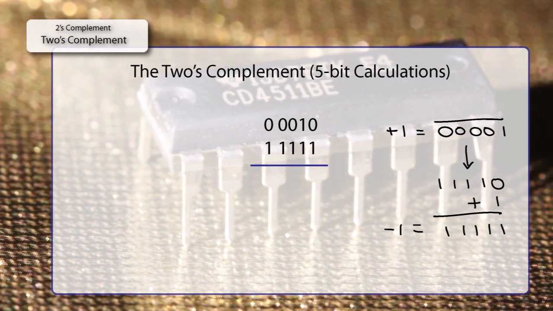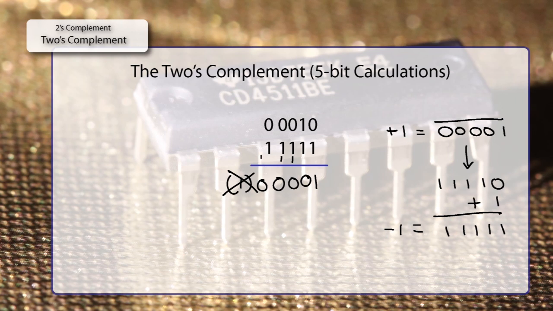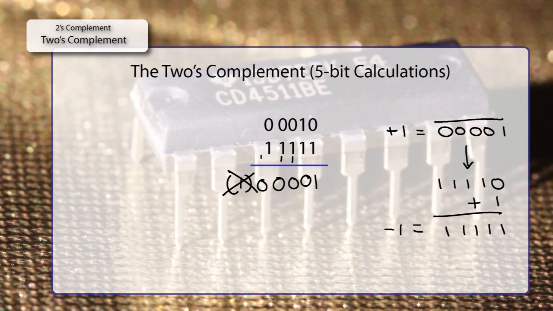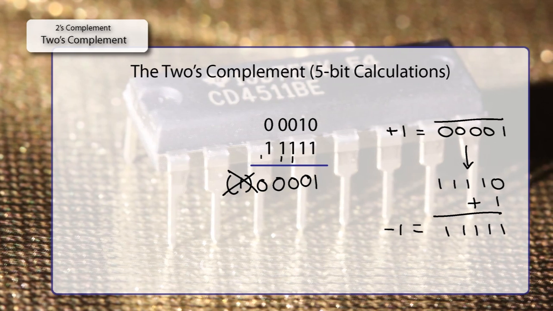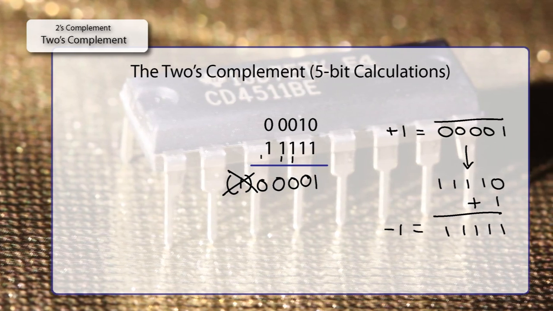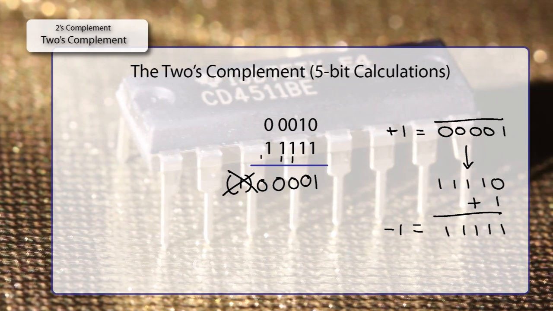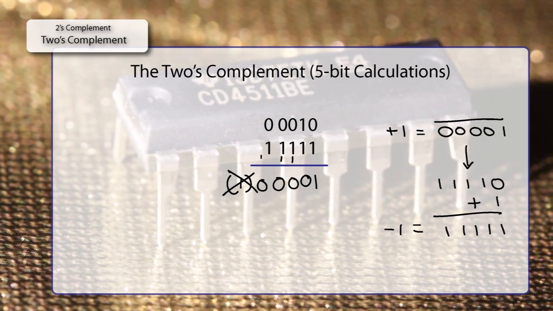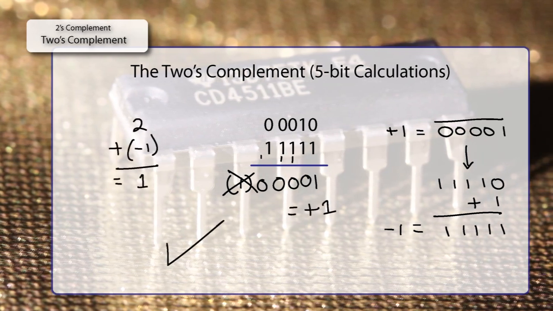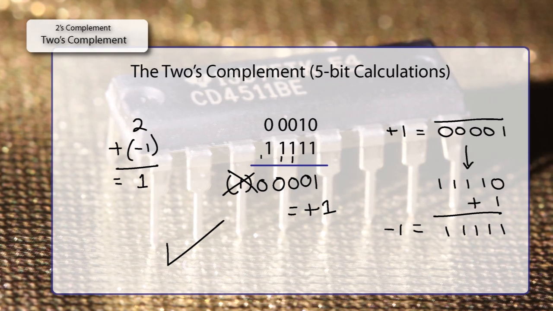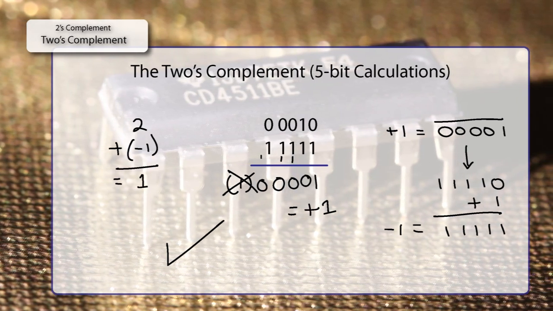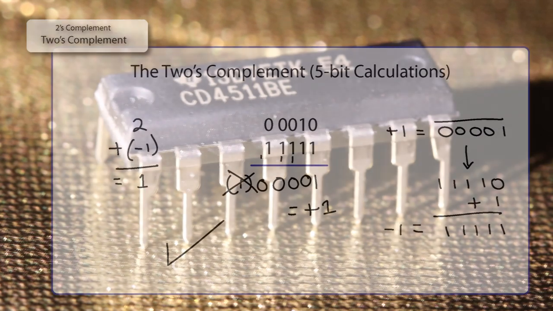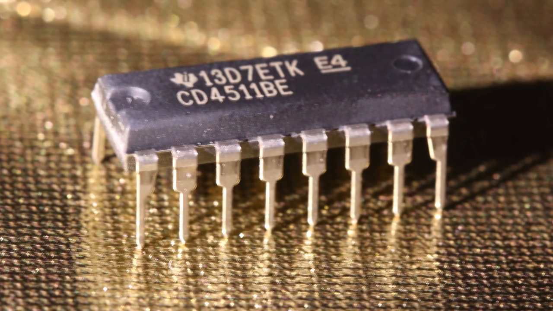When we add this together, we get 0, 0, 0, 1 for the magnitude, 0 for the sign bit, and we also get a 6th bit, and we ignore this as before. So when we ignore the 6th one, we get 0, 0, 0, 0, 1, which is positive 1, and so the system works correctly. Remember that this didn't work for our simple system, where we didn't use the 2's complement form to represent negative numbers.